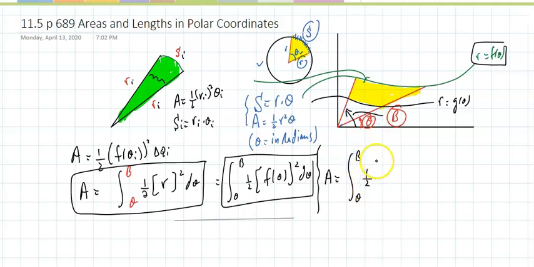It's still 1/2, but if I run an arrow of f of theta squared d theta, that will get me all of this.